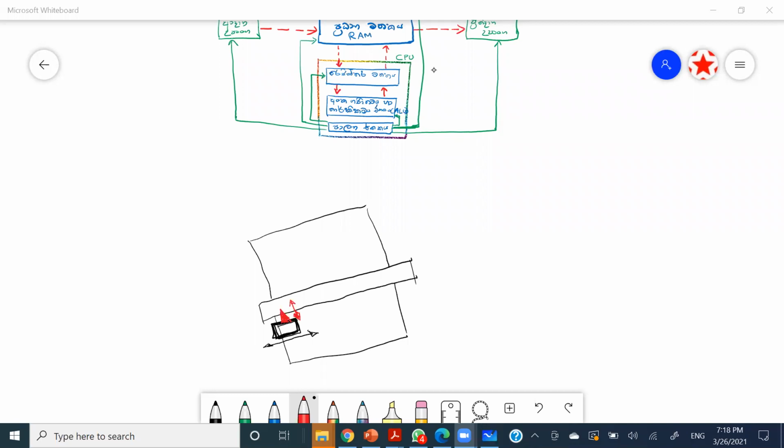So what actually happens is, when you need to print something, this head will move to the specific place and will effect an impact, right? So this is going to be the paper and this is the ribbon. And this head, this is the head.